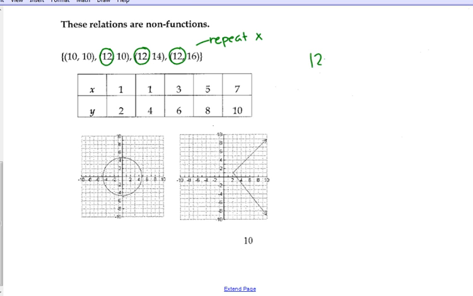When you put in 12, you get 10, you get 14 and you get 16. 3 different points for x a value of 12. So there's a repeat in the x. Is there a repeat in the x here? Yeah, the value of 1 has 2 outputs. So it's not a function.